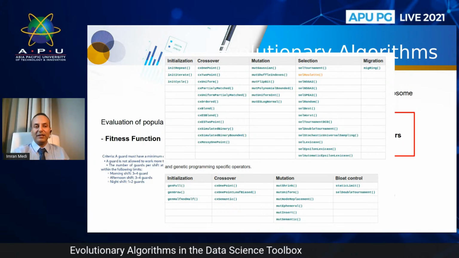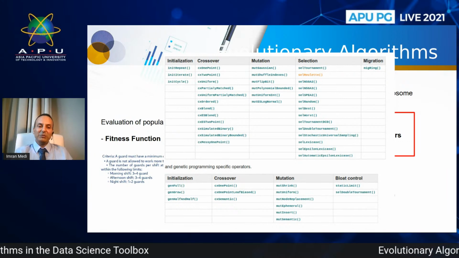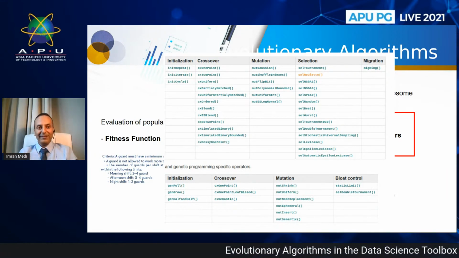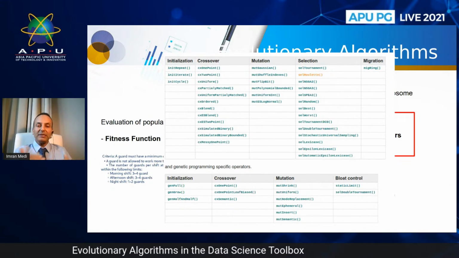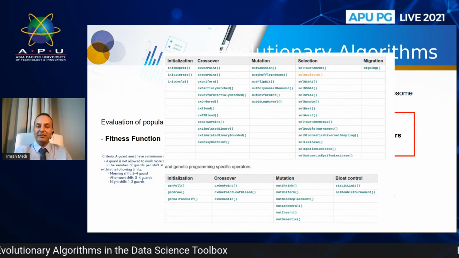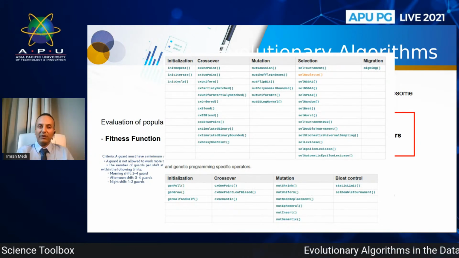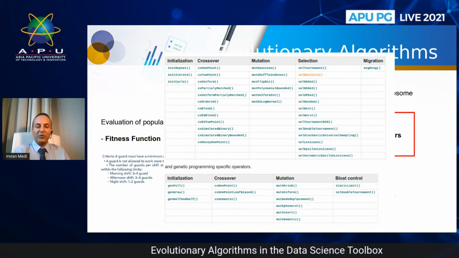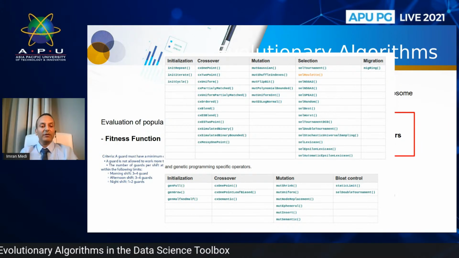Python has a nice set of libraries available, the Distributed Evolutionary Algorithms in Python, DEAP for short. There are a number of different libraries in here that we can apply to solve our particular problem. And tweaking these different parameters, you've got crossover, mutation, selection at the top there, can affect and improve the behavior and the performance of this particular algorithm.